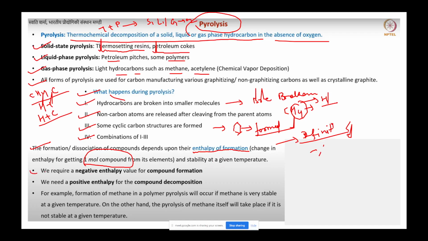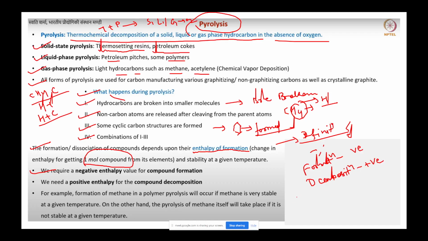So we require negative enthalpy for the compound formation, right? If the formation is happening, then the change in enthalpy will be negative, and when there is a decomposition, then it will be a positive change in enthalpy.